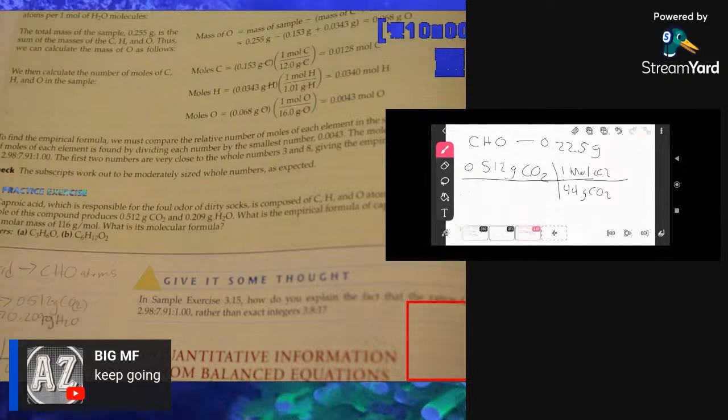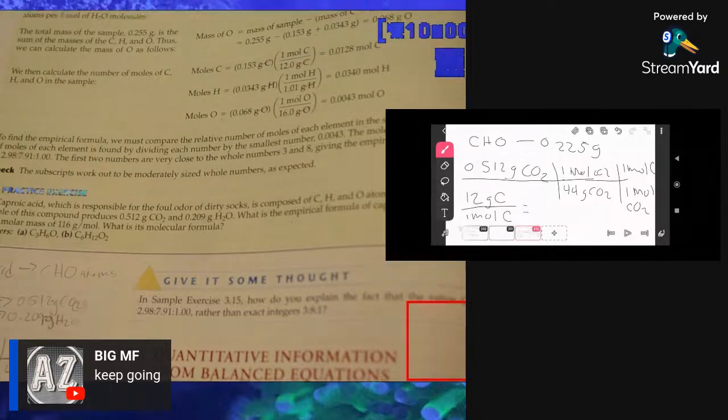And then 1 mole of CO2 has 1 mole of carbon. All right, we're going to continue on with the problem. And then 1 mole of carbon is equal to 12 grams of carbon. Okay. So what does that equal?